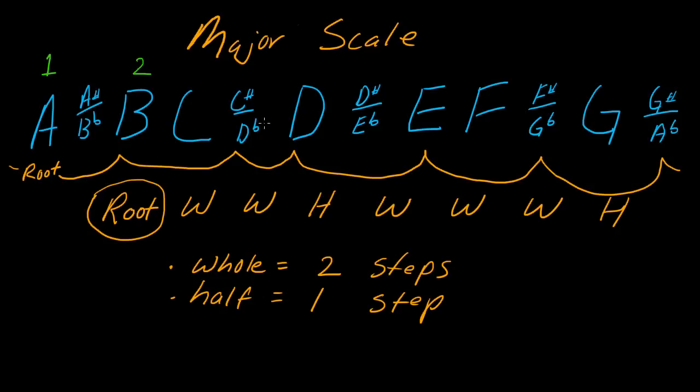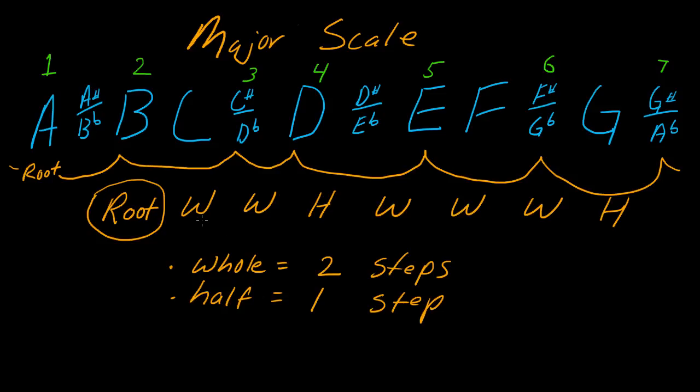Then the next note is number 3, right there. Then it goes half step to D, that's number 4. Next note here is 5. This note is 6. This is 7. And 1, it returns back to A.